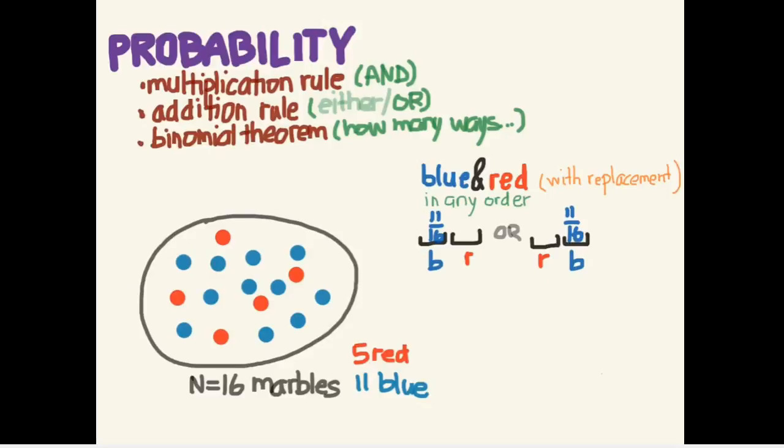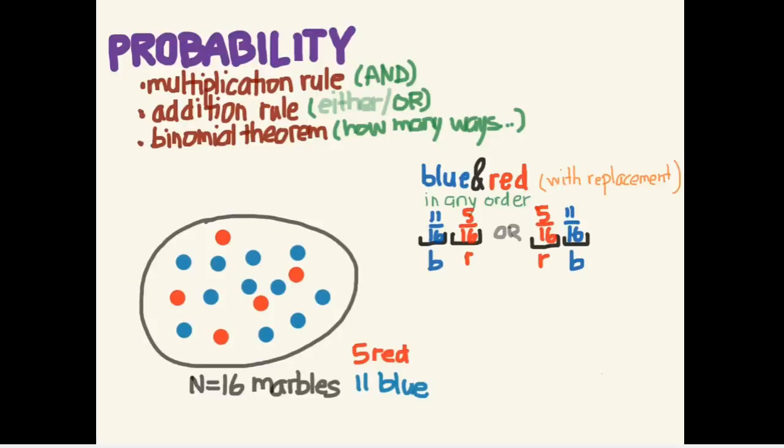So what is the probability of getting a blue marble? It's 11 out of 16. What is the probability of getting a red one? It's 5 out of 16. Now, as you guessed, this "or" is going to mean that we're going to add the probabilities. We're using both rules, multiplication and addition. We're saying you can either get a blue and a red, or a red and a blue.